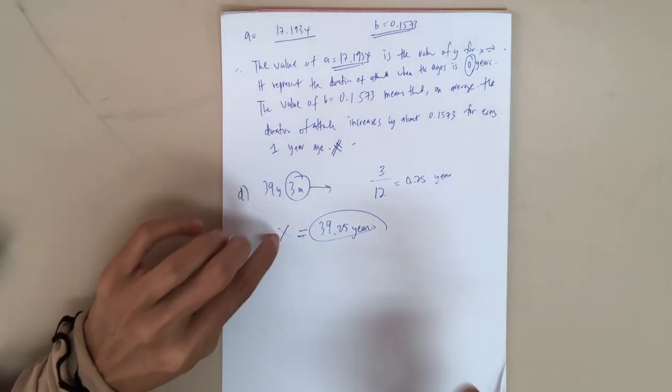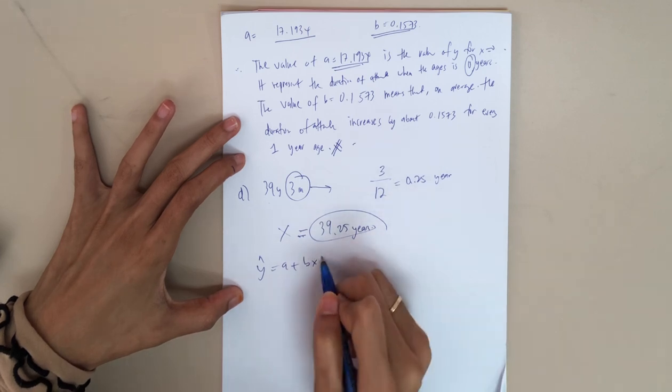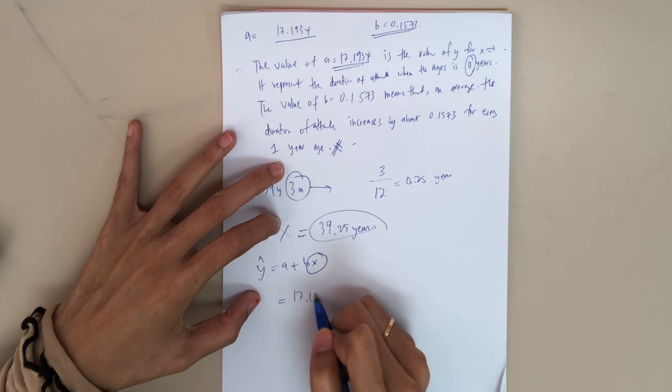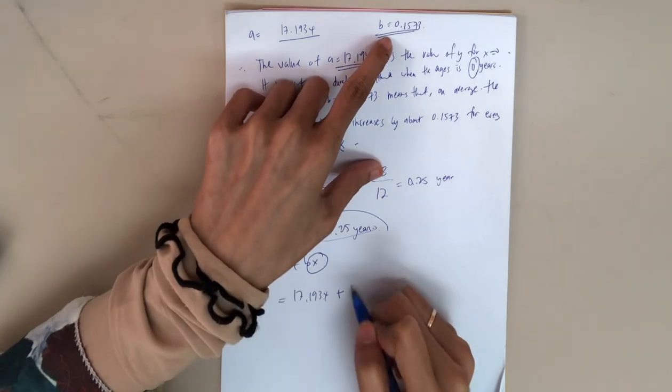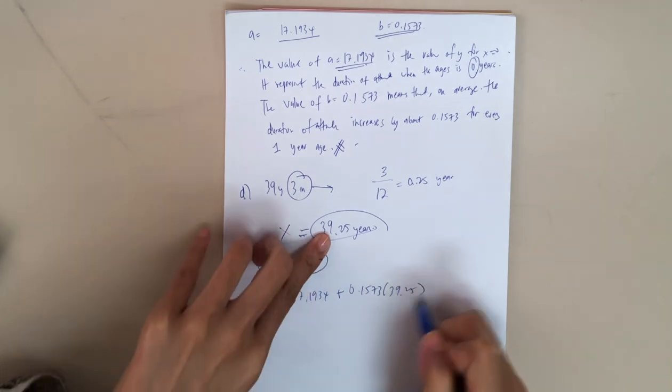Age is the variable x, so you need to substitute it into this x. So A just now is 17.1934 plus B, 0.1573, and now you substitute your x.